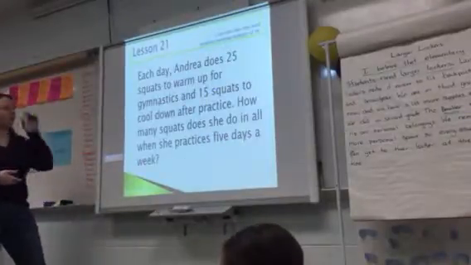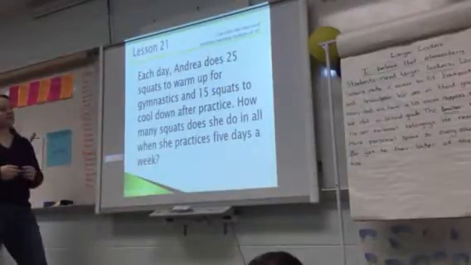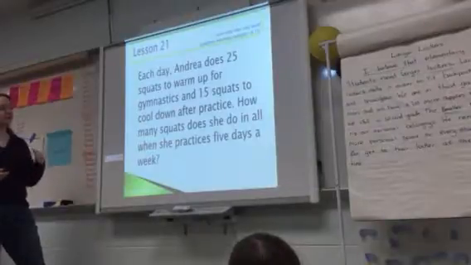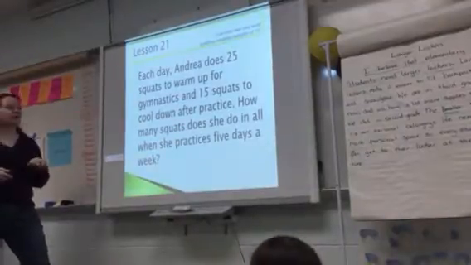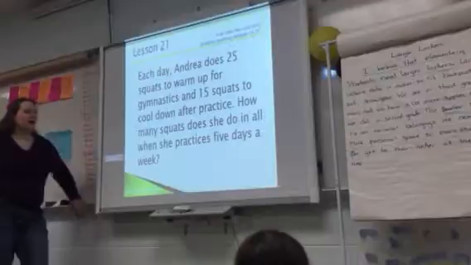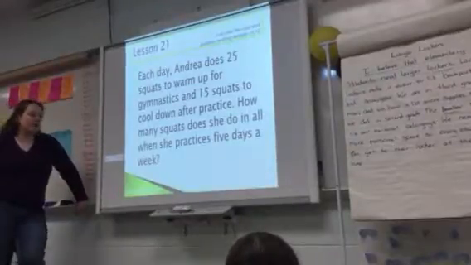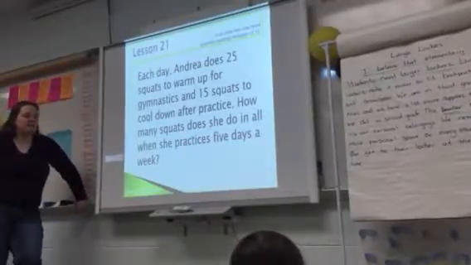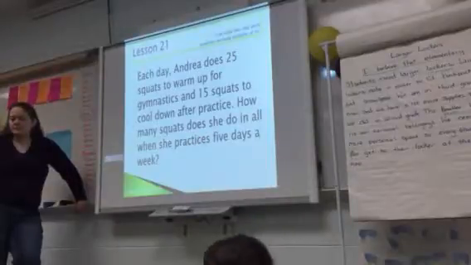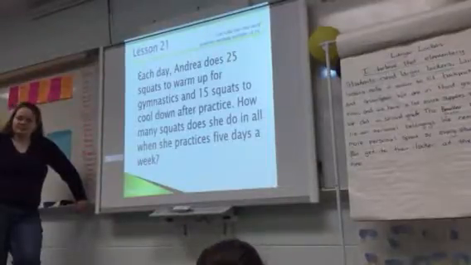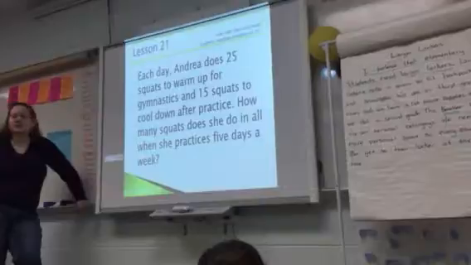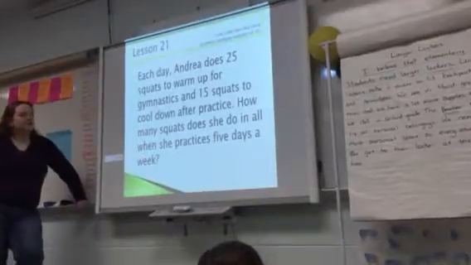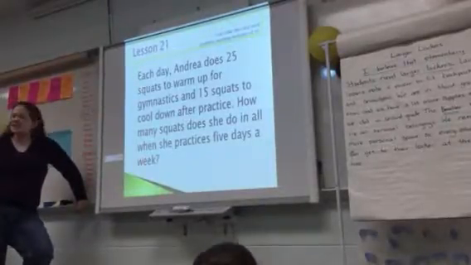Yes. Each day, Andrea does 25 squats to warm up for gymnastics and 15 squats to cool down after practice. How many squats does she do in all when she practices 5 days a week? This would be good for Gianna. First things first. Would we do 25 times 15? Does that make sense?